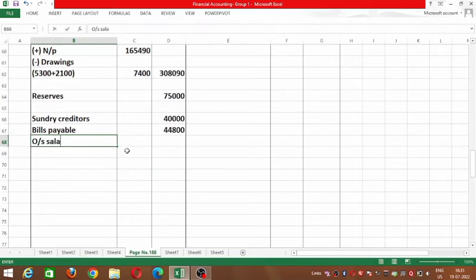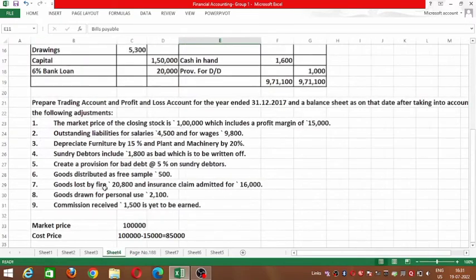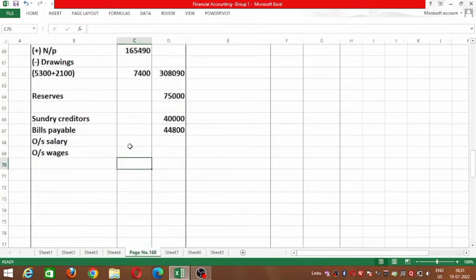Outstanding salary amount and outstanding wages. Salary 4,500, wages 9,800. Next.